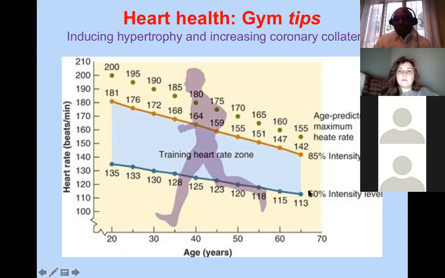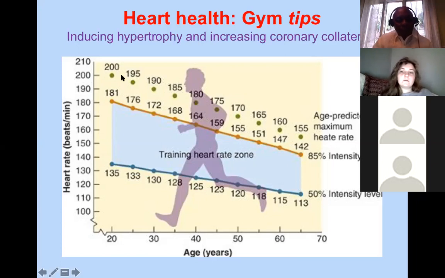The lower end is 50% intensity, then this is 85% intensity, and then above the 85, this is the maximum, the age predicted maximum heart rate. You should not go beyond the age predicted maximum heart rate, okay?